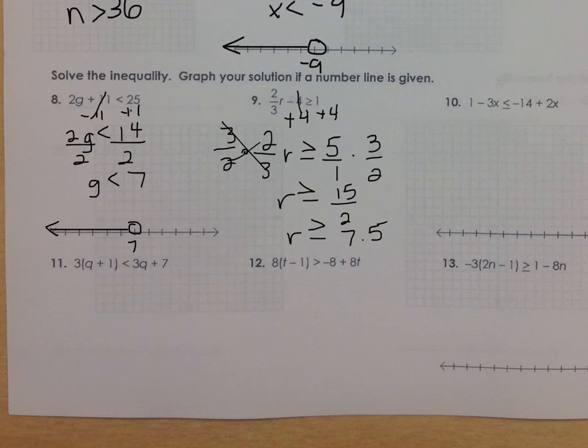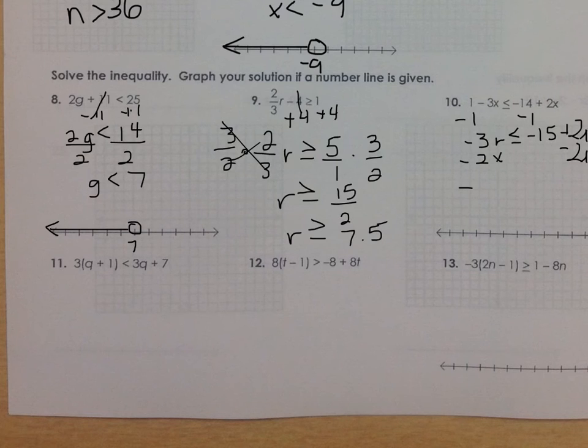Number 10, to get this negative 3x by itself, I'm going to start by minusing 1. So that would give me negative 3x is less than or equal to negative 15 plus 2x. I'm going to minus 2x from both sides.